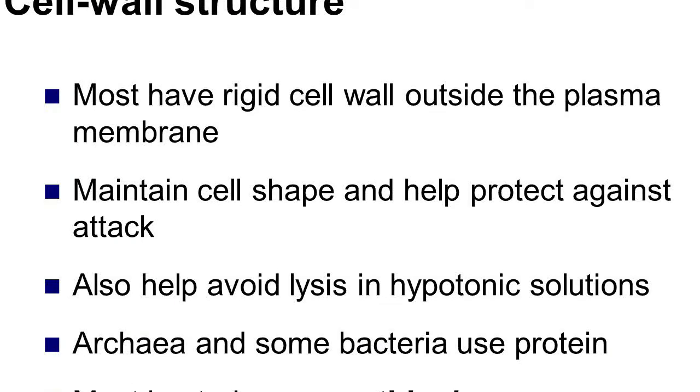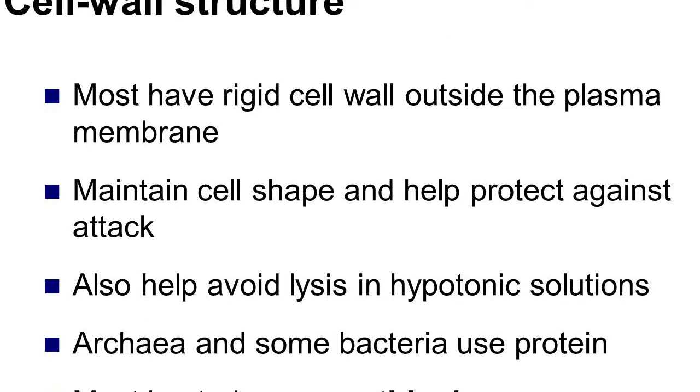Let's go to slide 28. So here on slide 28, we're changing the topic a little bit, and we're looking now at structures of the cell wall in archaeans and bacteria. Now, we can say that most prokaryotic cells, including archaeans and bacteria, have a rigid cell wall outside the plasma membrane.